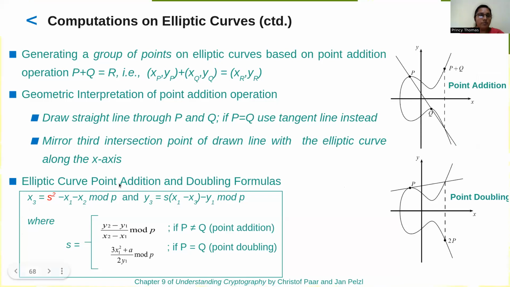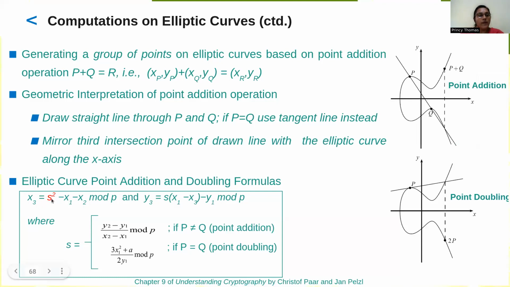To find the third point, x3 and y3, when we add x1 comma y1 and x2 comma y2, we have these two equations. To find x3, we use s square. S is the slope. So s square minus x1 minus x2 mod p. The equation can be derived. You just need to use the line equation and you will be able to derive these values.